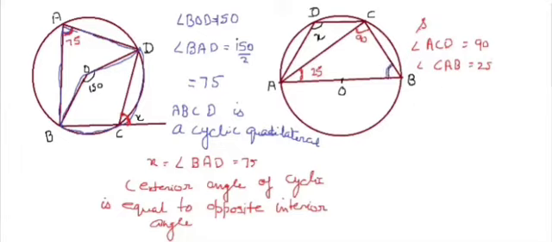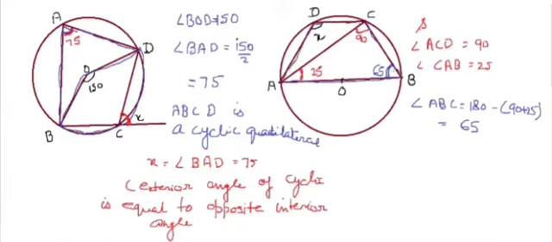From here, angle ABC will be 180 minus (90 plus 25), because the angle sum of a triangle is always 180, and solving this you will get 65. So now this is 65. Now we can see that ABCD is a cyclic quadrilateral. If this is a cyclic quadrilateral, opposite angles will make 180 degrees.